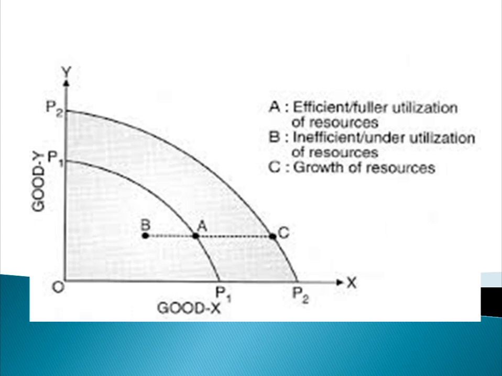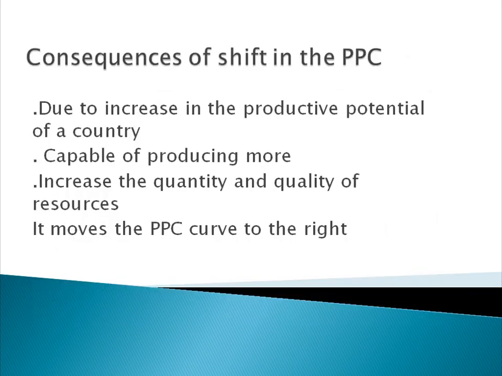Now we will see what can shift the production possibility curve outward, beyond. Because at point A we are already using the resources efficiently, it shows the growth of the resources. If a country is producing more, the quantity and quality of the resources is increasing. There can be so many reasons for a shift in the PPC due to an increase in the productive potential of a country.